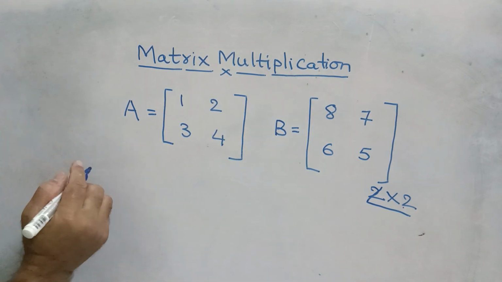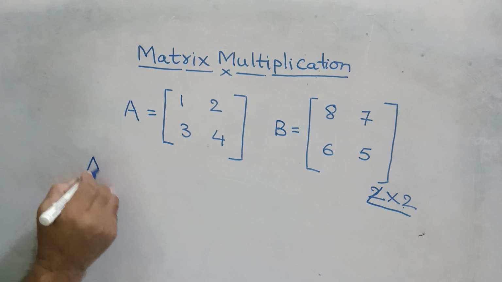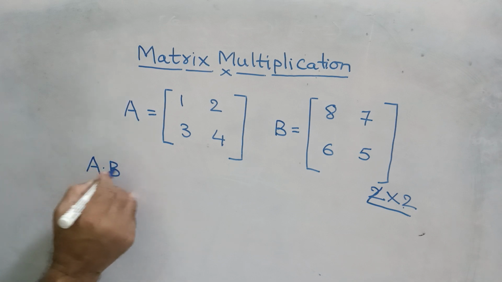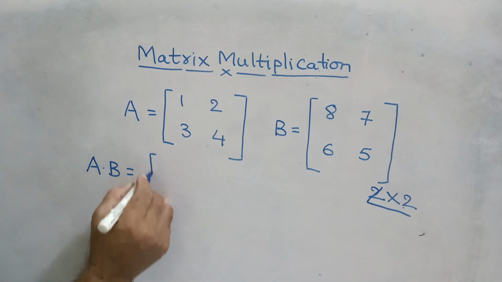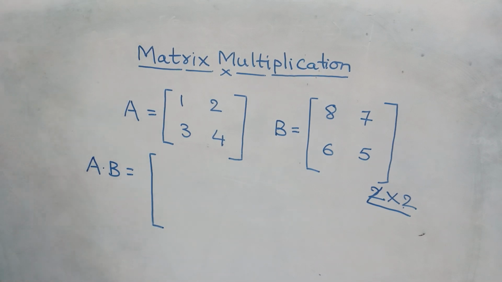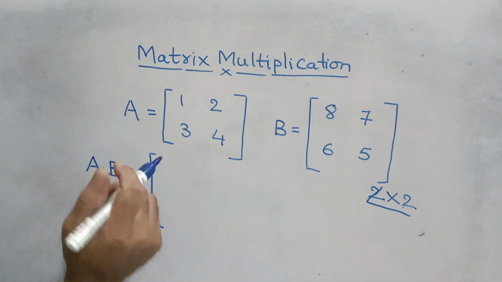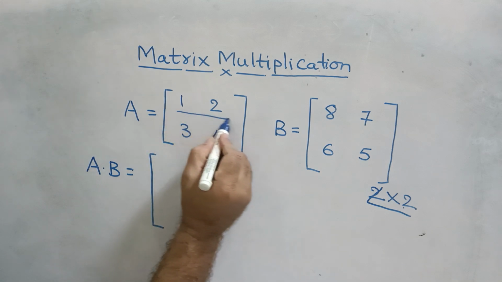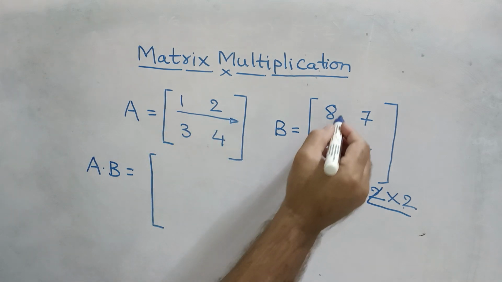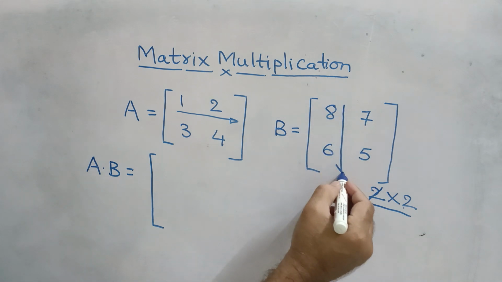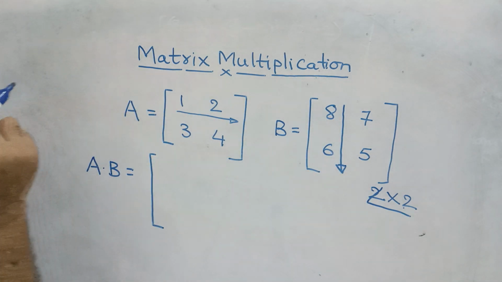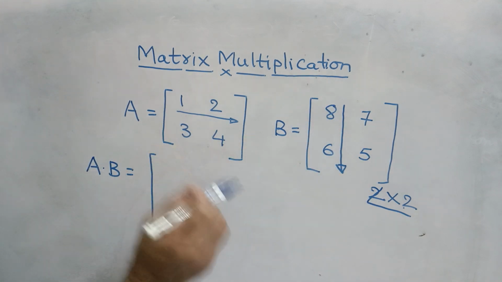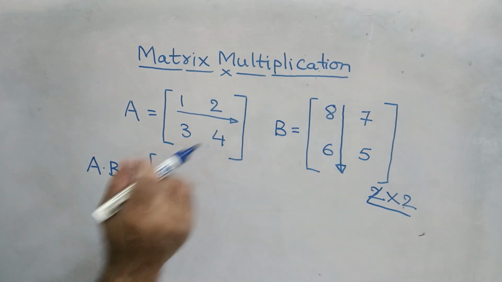Now coming to the product A into B, how to perform A into B? Very simple. Let us see. Consider the first row in the first matrix and consider the first column in the second matrix.